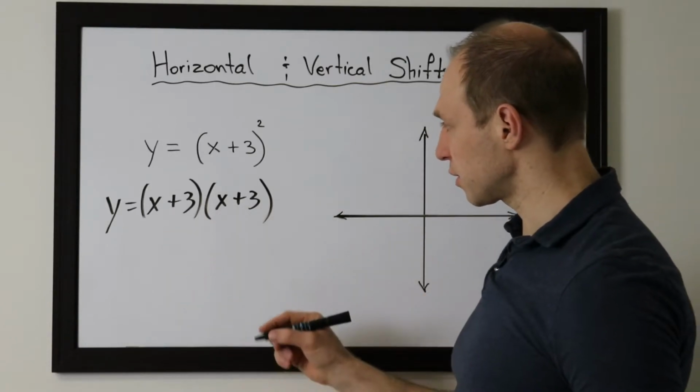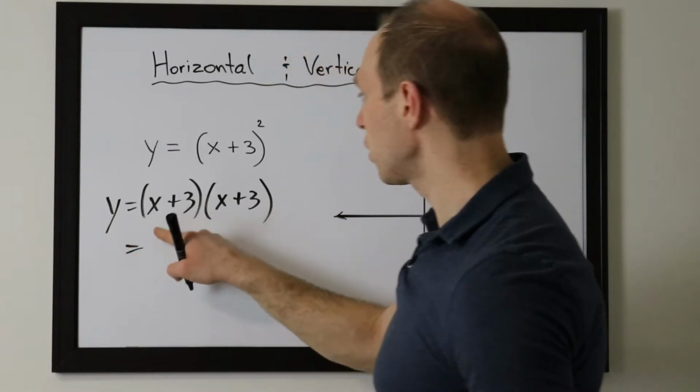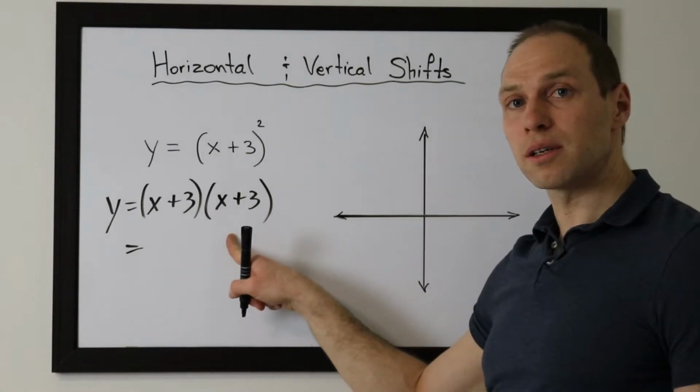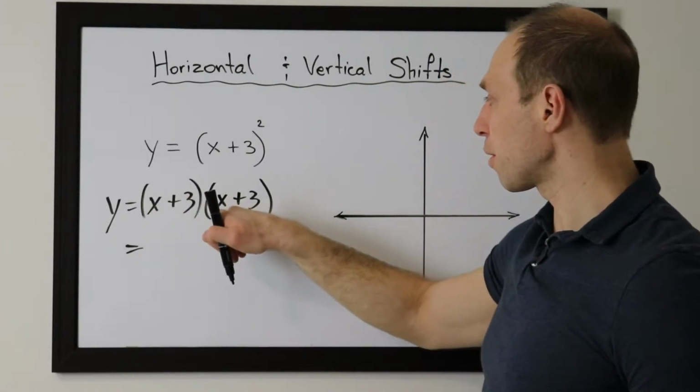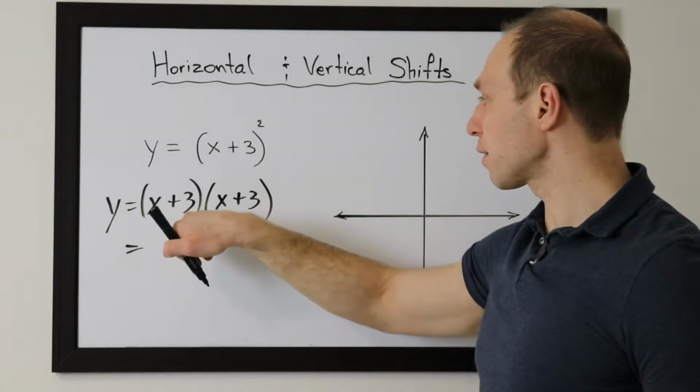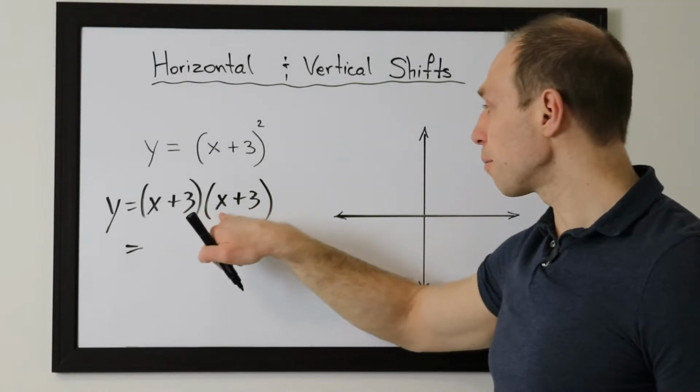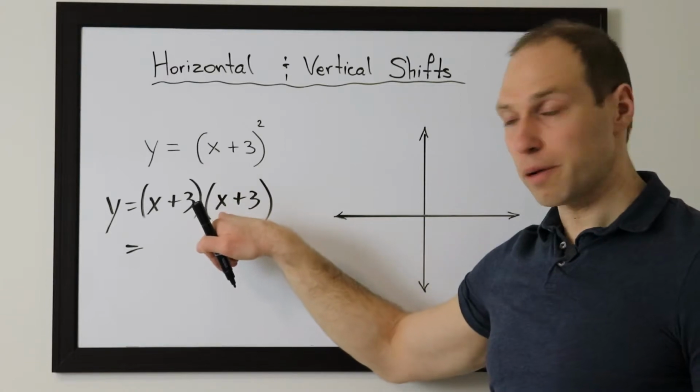So from previous lessons, you remember, in order to expand this and actually open up the brackets, we multiply the first number by both of these, and then the second number by these as well.